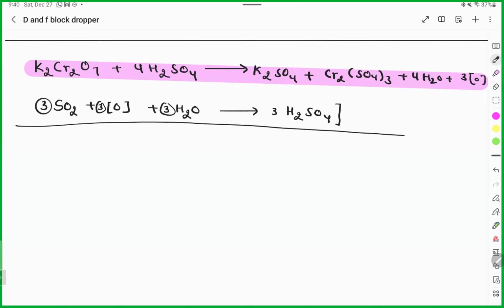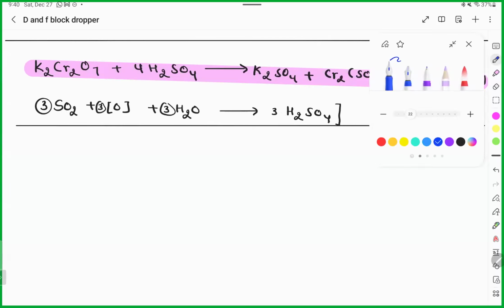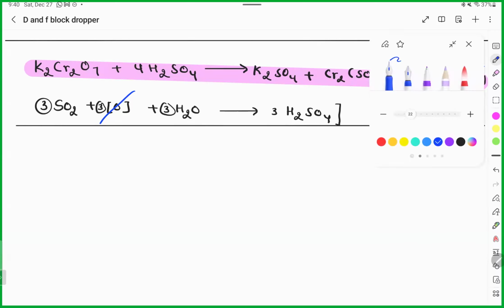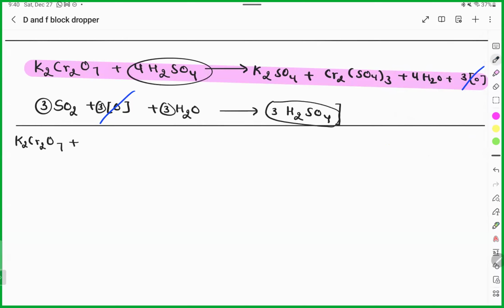Now, if you write the reaction, what will happen? Nascent oxygen on both sides will be cancelled out with each other. Water, here you have 3, here you have 4, so on the right hand side it will be 1 extra. So what will happen in this K2Cr2O7, and here on the left hand side you have 4H2SO4, on the right hand side you have 3H2SO4.